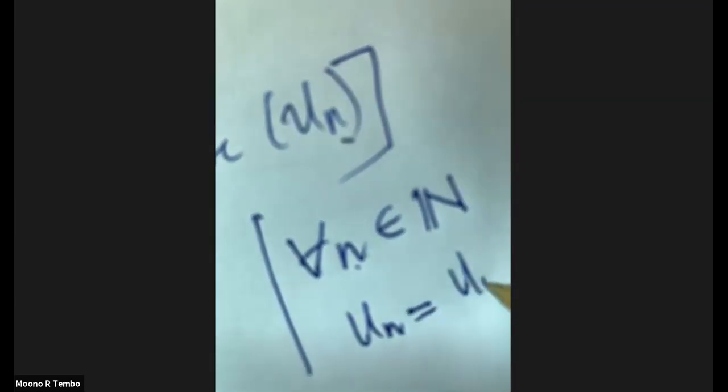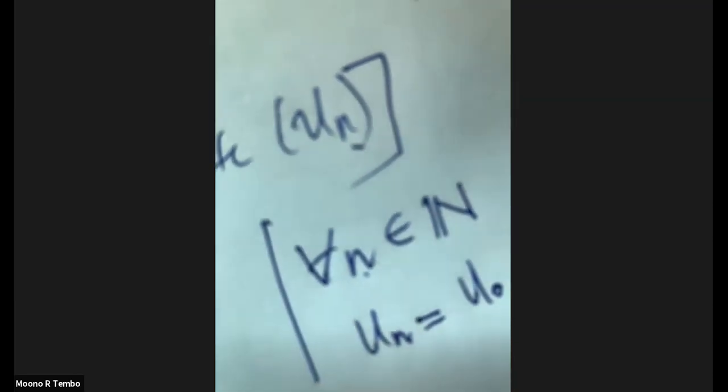One of the properties you also need to know under geometric sequences, which is very important, is that for all n a member of natural numbers, we know that our sequence Un is actually going to be equal to U0 times A to the power n.